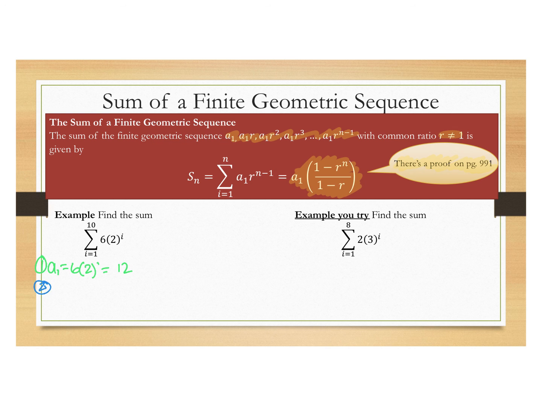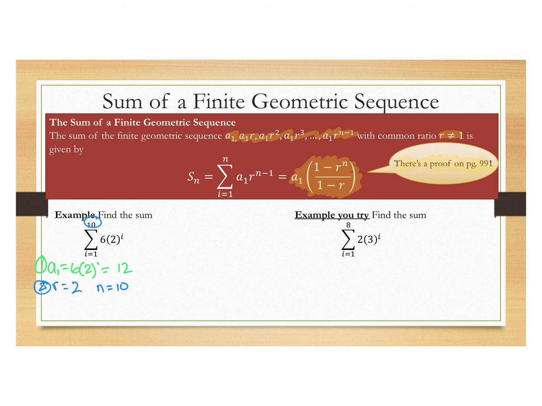So our common ratio, if we look in the summation notation, there is a clue. Whatever is raised to your power is your ratio. So in this case, r is 2, and we have 10 terms, and we get that from what's at the top of our summation notation.